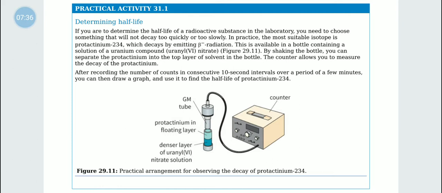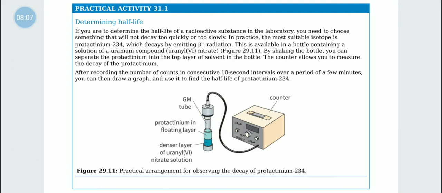Usually this will be provided to you in a laboratory in a bottle containing a solution of uranium compound, uranyl nitrate, and if you shake this bottle, you will be able to separate the protactinium into the top layer of the solvent, and then the counter will start measuring the decay of the protactinium.